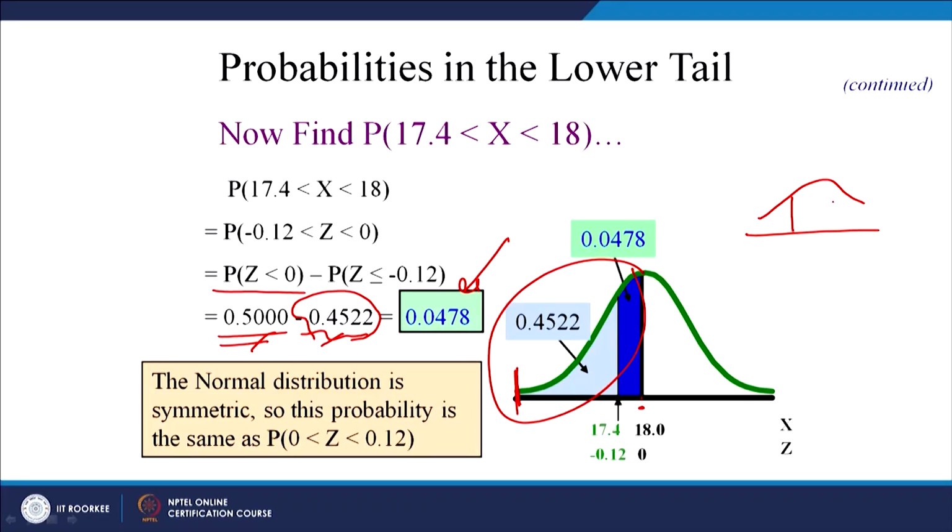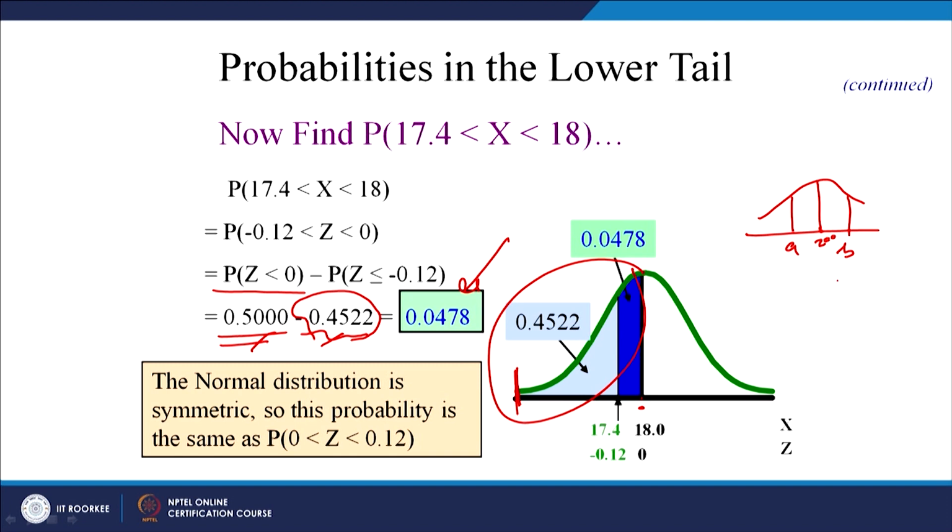Keep in mind that the answer would always be more than 50% in the upper tail, and it will always be less than 50% in the lower tail. If it is between A and B, it can be any probability, right. So, you can have a situation like this where your A value is towards the left side of z equal to 0, and your B value can be towards the positive side, right.